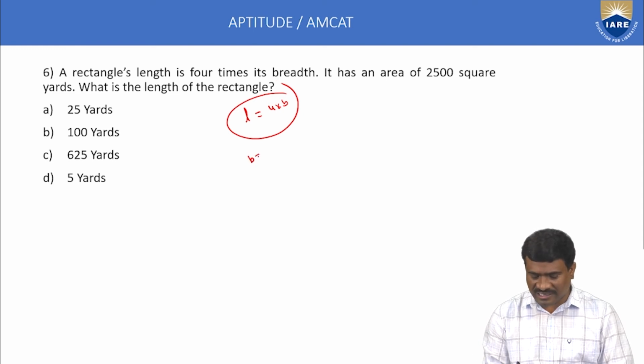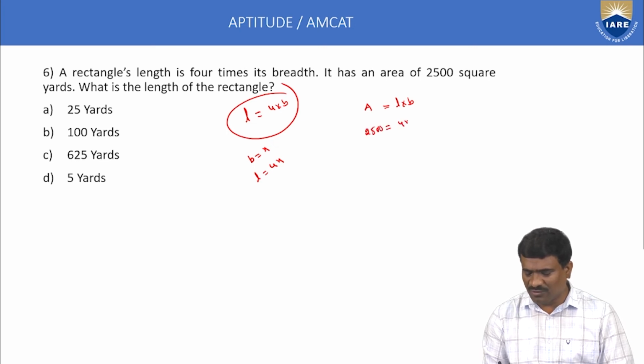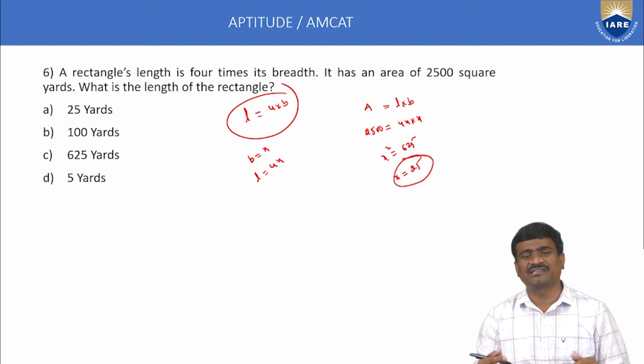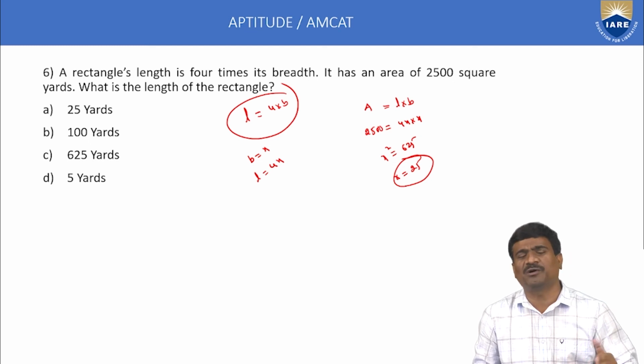Let B is equal to x, L is equal to 4x. Next, area is equal to L into B, that is 2500 is equal to 4x into x. x square is equal to 625, x is equal to 25. It could be plus 25 or minus 25, but in mensuration the result is only positive.